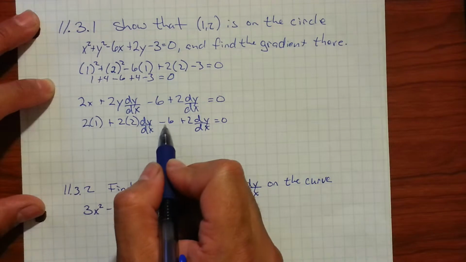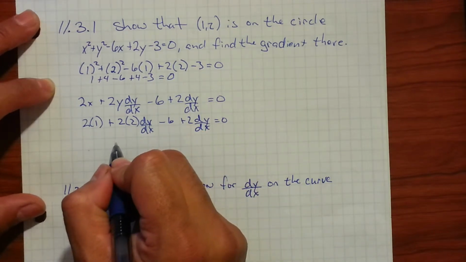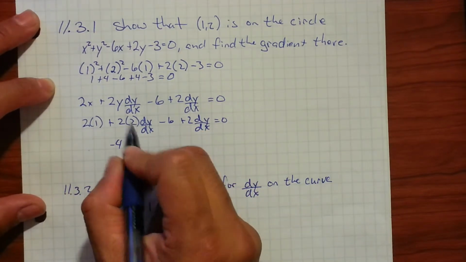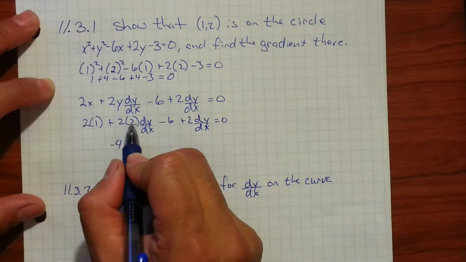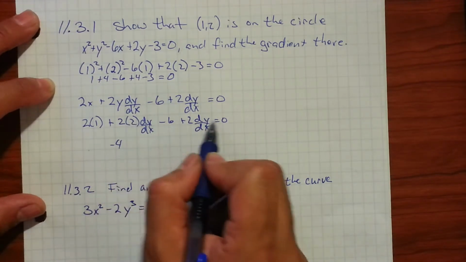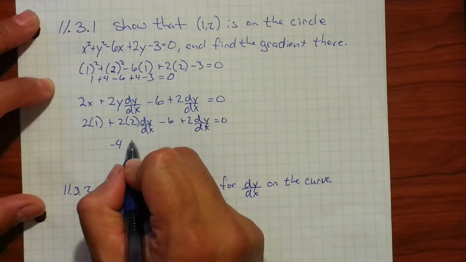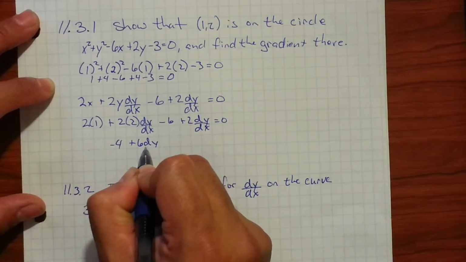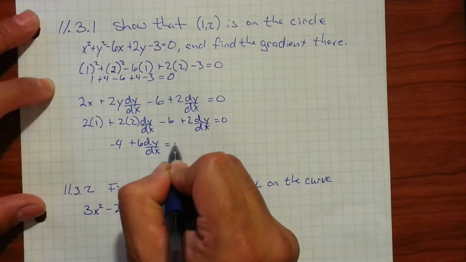It's going to give me 2. This is going to give me negative 4. So that's negative 4. This right here is 4, and this is going to be 2. So if I combine these together, I would get a positive 6 dy/dx equals 0.